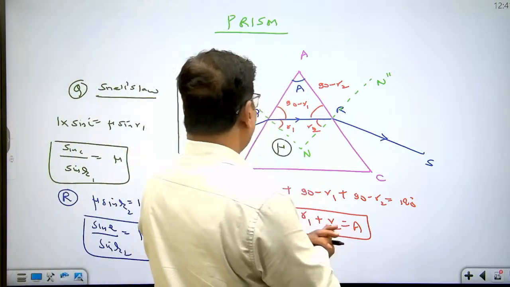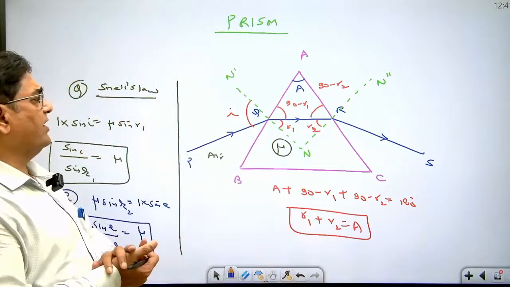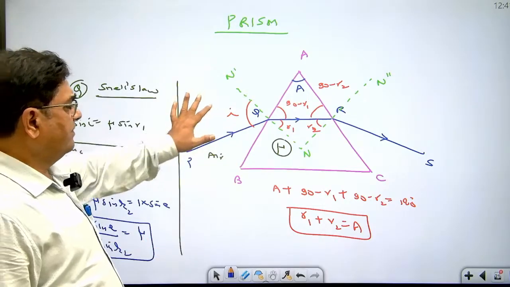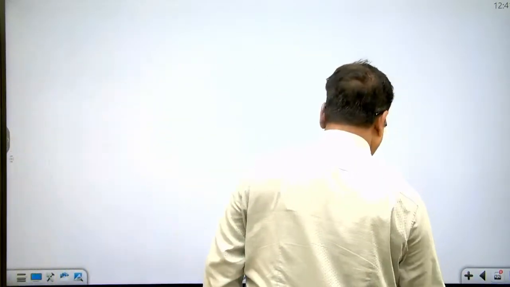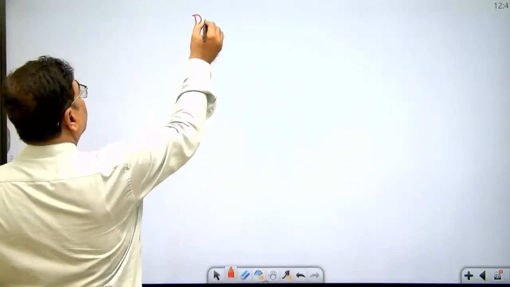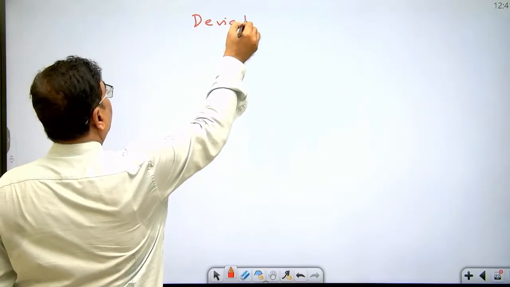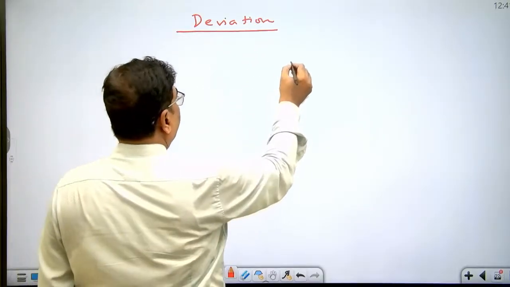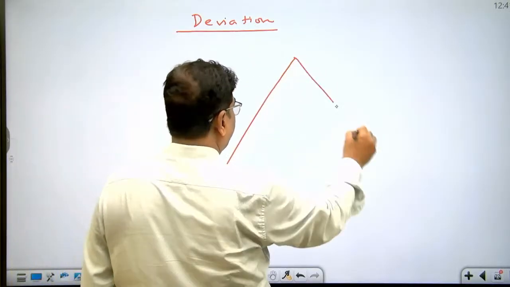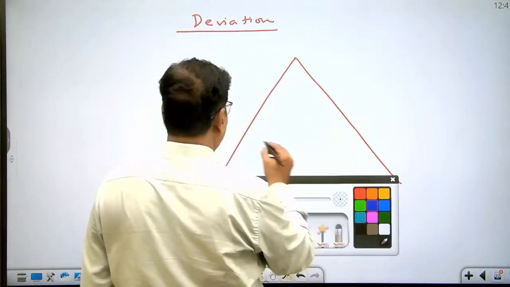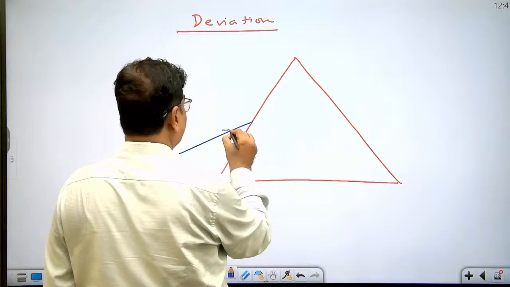Now, dear student, if we are interested in calculating the equation of deviation, that also we can calculate here. Let's see deviation again. If this was the cross section of the prism, initially this was the light ray.